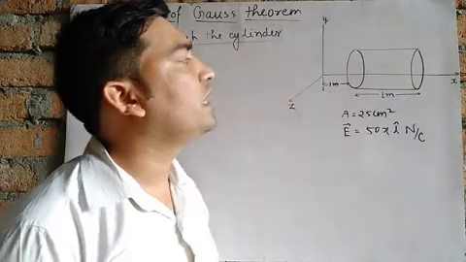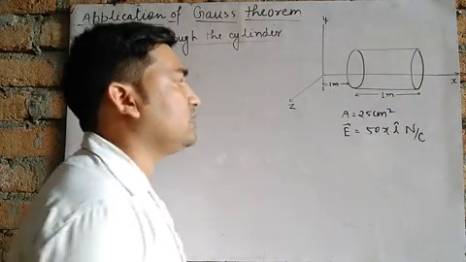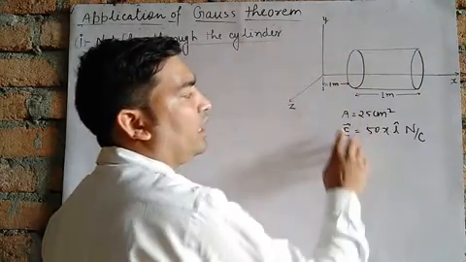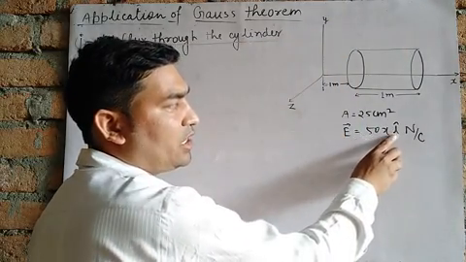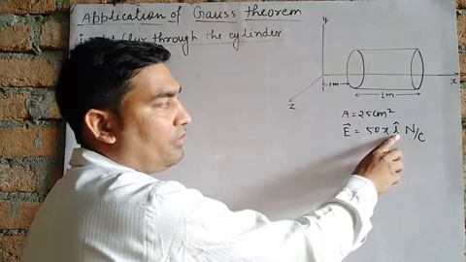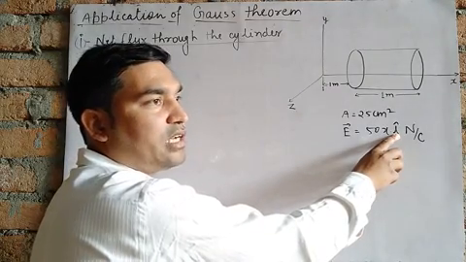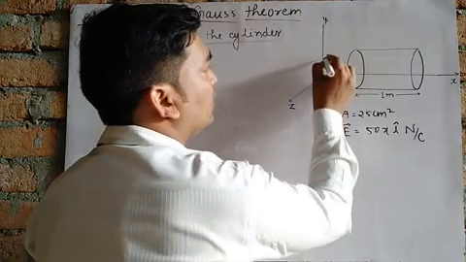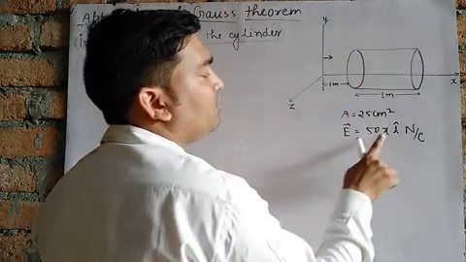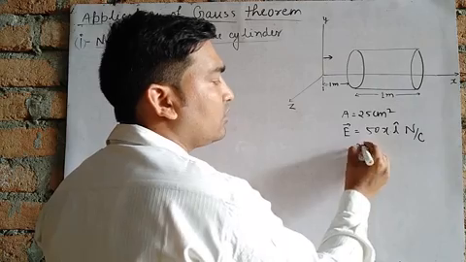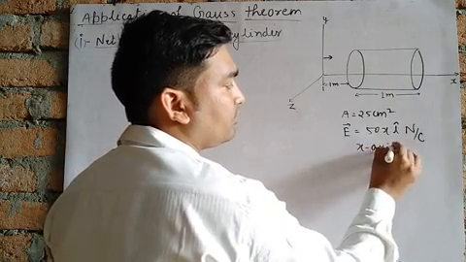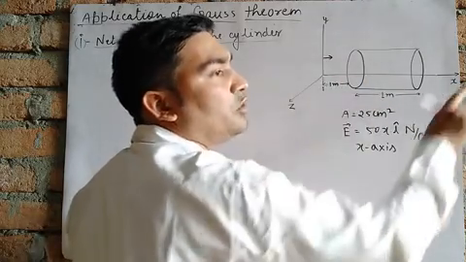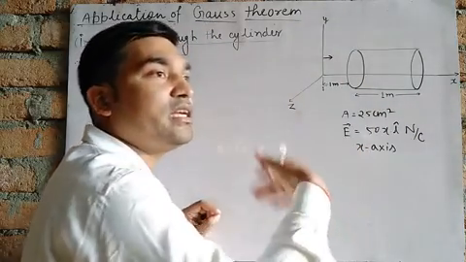It means the axis of the cylinder is along the x axis, in which there is a variable electric field 50x into i cap, where i cap represents the direction of electric field, and as you know, i cap is along the x axis. It means electric field along the x axis, which is variable.